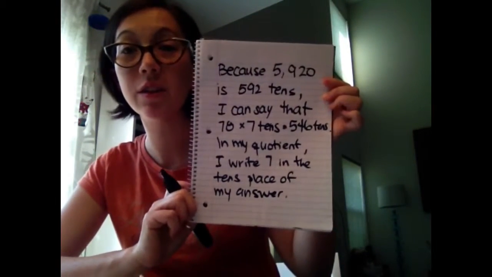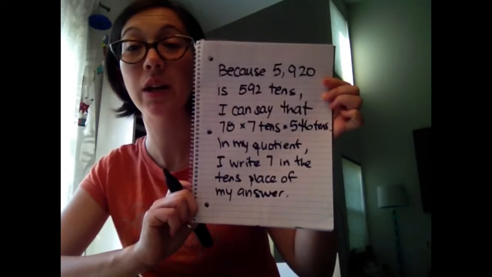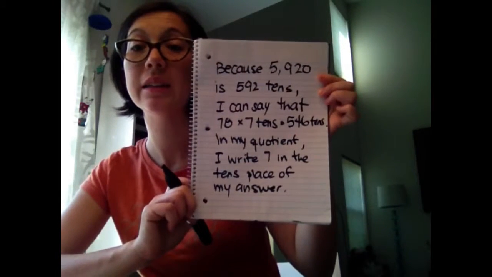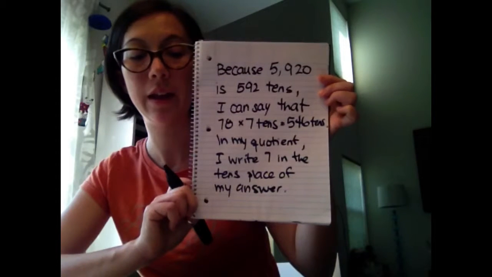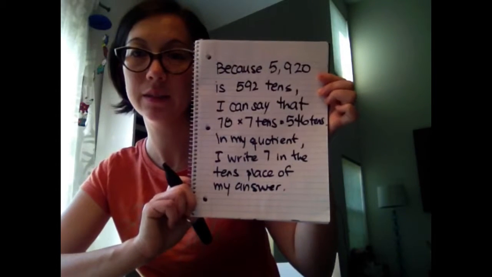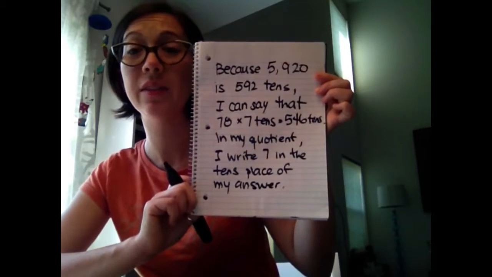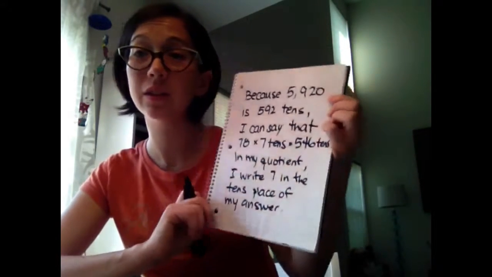Because 5,920 is 592 tens, I can say that 78 times 7 tens is 546 tens. So in my quotient, as I'm dividing, I'm going to write 7 in the tens place of the answer.